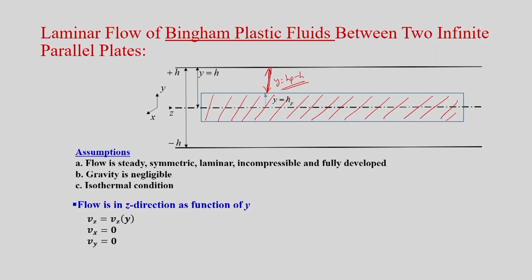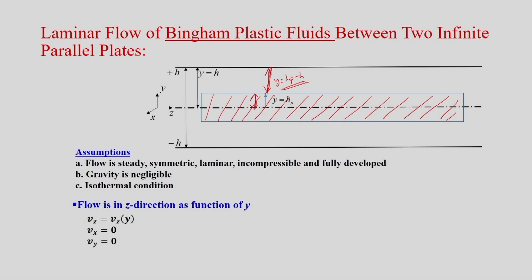So now, in place of one velocity profile, you have to develop two velocity profiles. One is for the shearing zone where the deformation is taking place, and the other is the non-shearing zone where the material is flowing like a solid mass, like a plug.